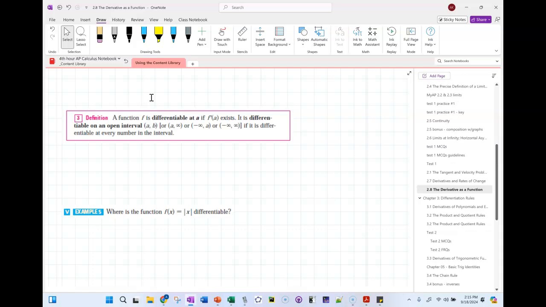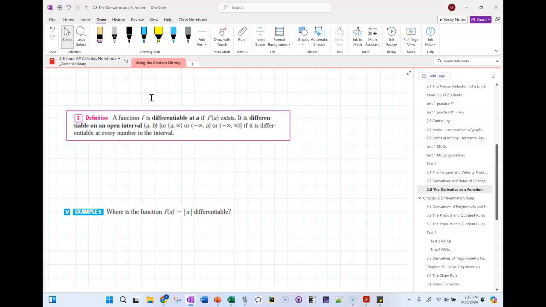Notice that's an open interval, so the endpoints don't count. Everybody's okay? Differentiable just means if I take the derivative and I plug the value in, a number comes out. It's not undefined. Everybody's okay?